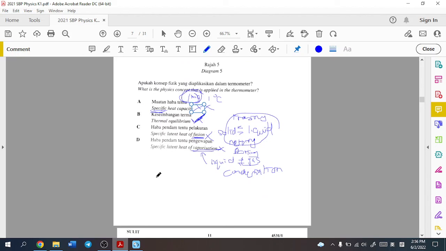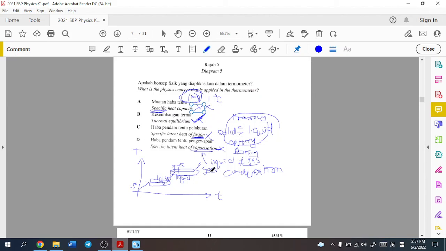So just for you to have a clearer image, this is your temperature, this is your time, and this is the graph. At the highest temperature here, this is gas, and this is gas and liquid. At here is liquid, and at here is solid. Okay, so the constant temperature here is where the heat of fusion or heat of vaporization is involved.